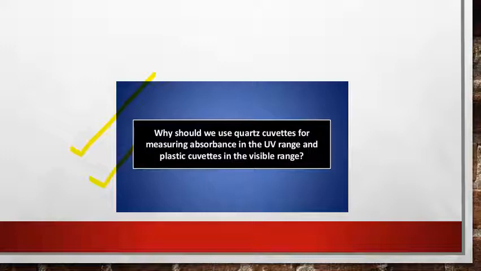The answer is the same: quartz does not absorb the ultraviolet radiation. So the UV and visible range of radiation are not absorbed by the quartz. That's why we use the cuvette made of quartz in UV visible spectroscopy. While the visible range of radiation is not absorbed by plastic or glass. That's why we have chosen the cuvette material or sample holder material.